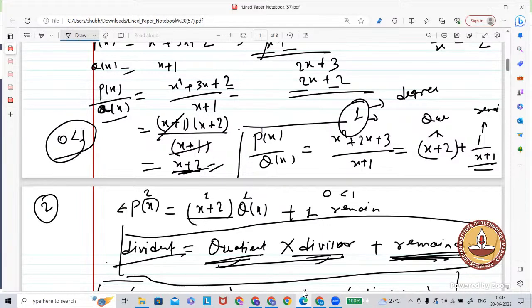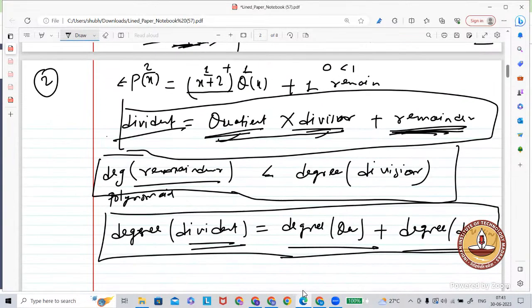So 2 is exactly equal to the sum of these two, and this one is also true. Based on this, we have some questions. This is just a simple observation, nothing more.